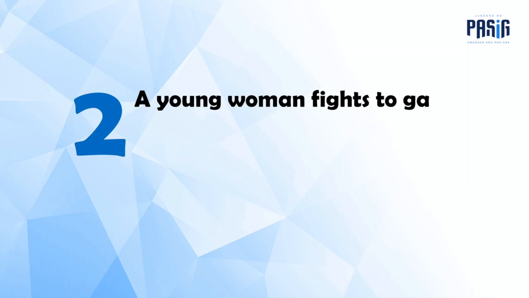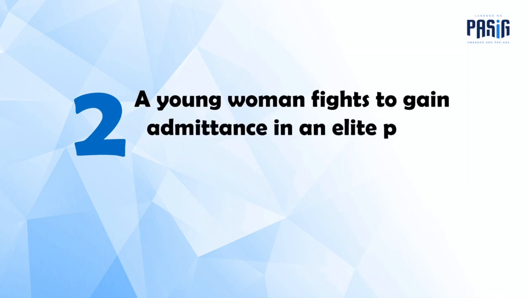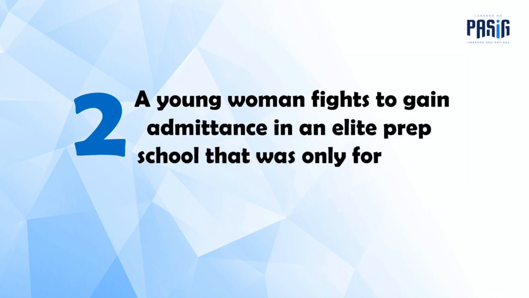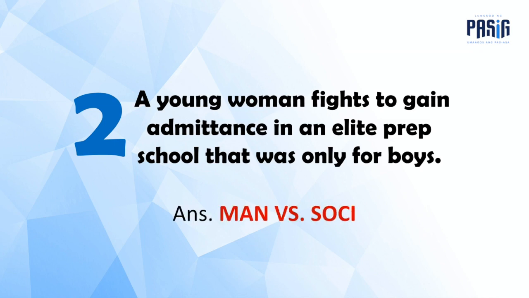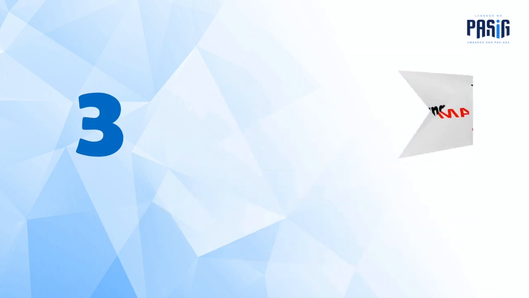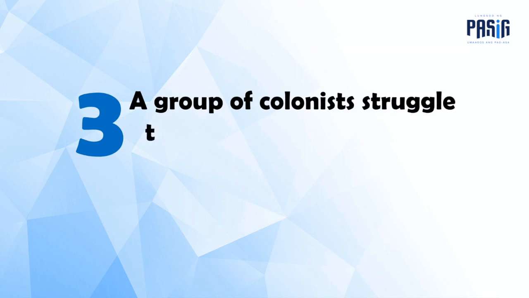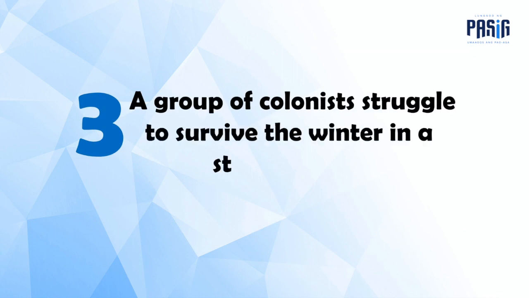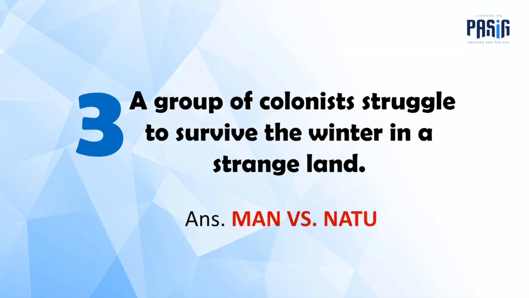A young woman fights to gain admittance in an elite prep school that was only meant for boys. The correct answer is man versus society. Number 3. A group of colonists struggle to survive the winter in a strange land. The correct answer is man versus nature.